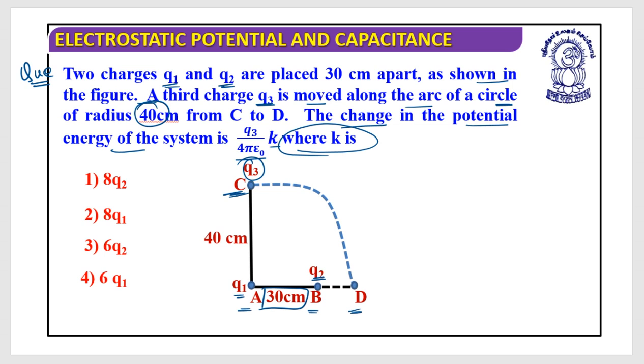If you remember this session, this is the question of reconfiguration of a system. So the change in potential energy is simply potential energy final minus potential energy initial.